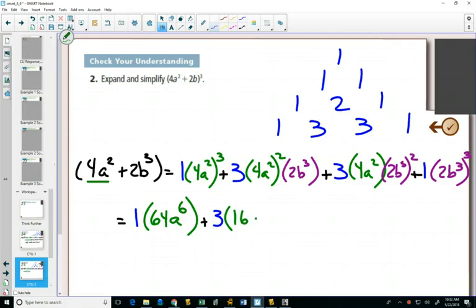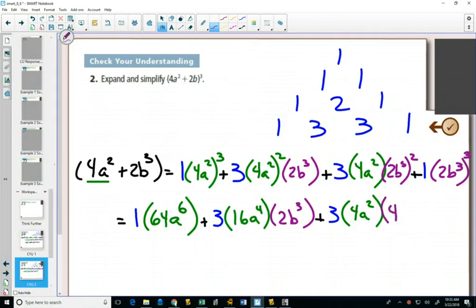A squared squared would be a to the 4, 2b cubed. 4a squared. Here in purple, I'd have 2b cubed squared, so 2 squared is 4. B cubed squared would be b to the 6. And 2b cubed, that'll be 8b to the 9.